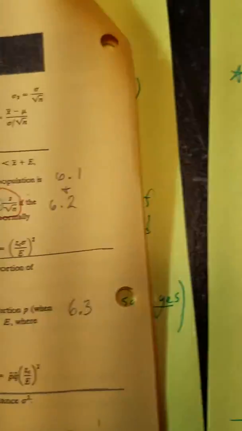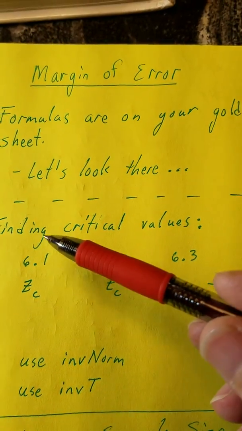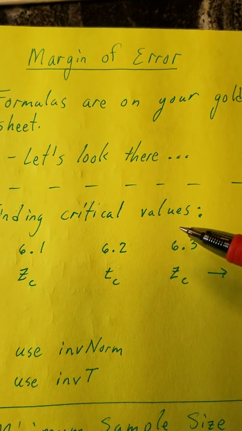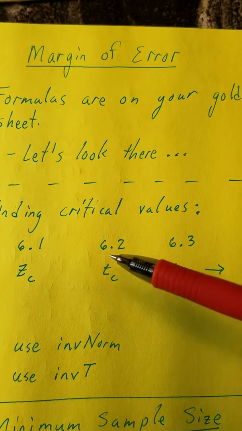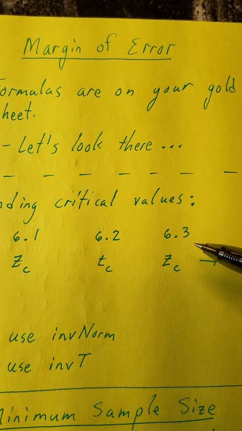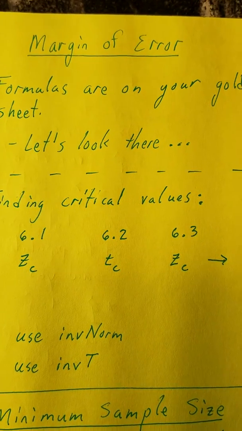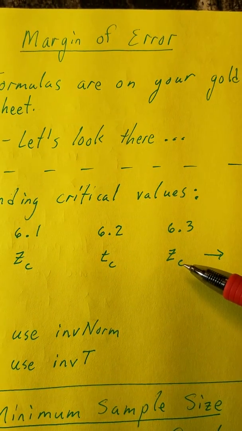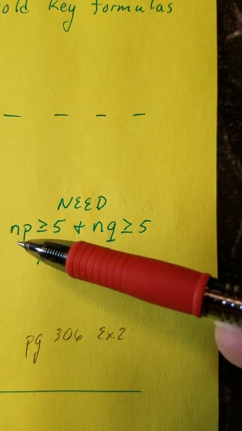So here's where we're at right now. You need to find these critical values, and you might have to do that in the homework. So 6.1, Z; 6.2, T; 6.3, Z again. Now there's one thing though. They say in 6.3 that you can only use Z if these two things are true. You've done this stuff before.